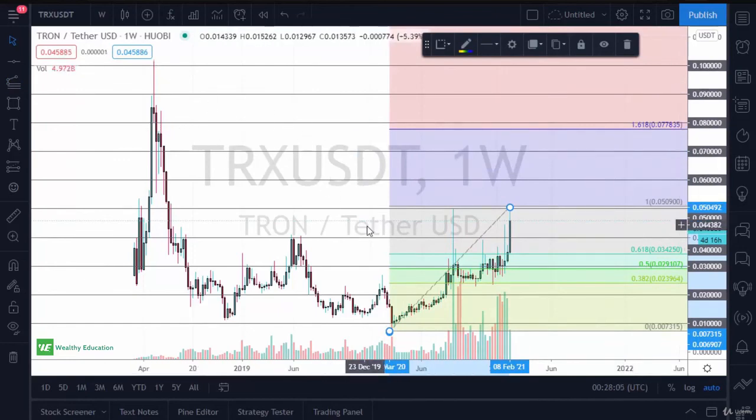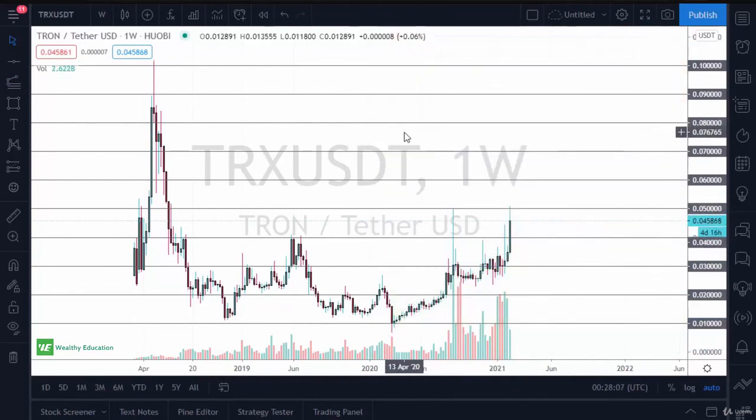It's not quite to the highs, but that is another route that you could take a look at. But in general, if you're trading in the weekly chart, you're looking for bigger, longer term moves. So a little bit different in that scenario.